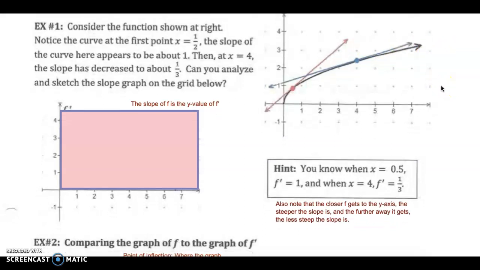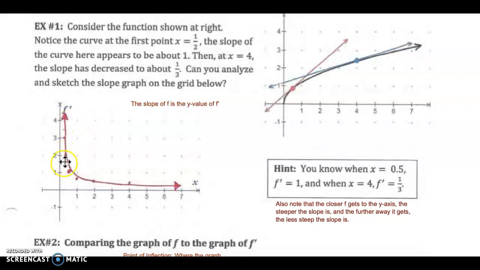So it gives us a hint, and it says, when x is 1/2, so when x is right here, f prime is 1, because whatever the slope is at that x value, that's going to be our y value for the derivative. So at 1/2 on the f prime graph, let me just show you here. Let's look at this.